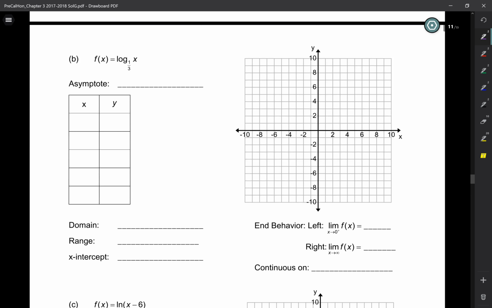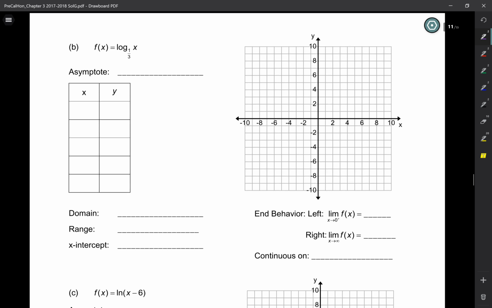All right, so let's do another one. 1/3 is the base. So the asymptote again is x equals 0. Now, again, the y values are going to be our exponents.